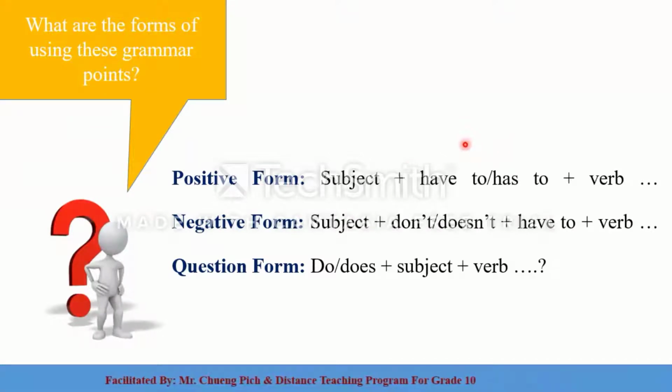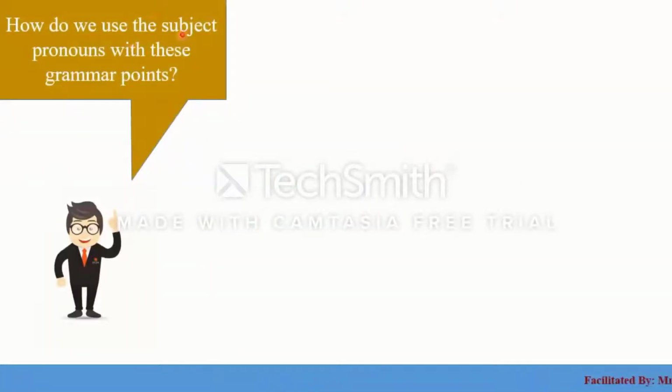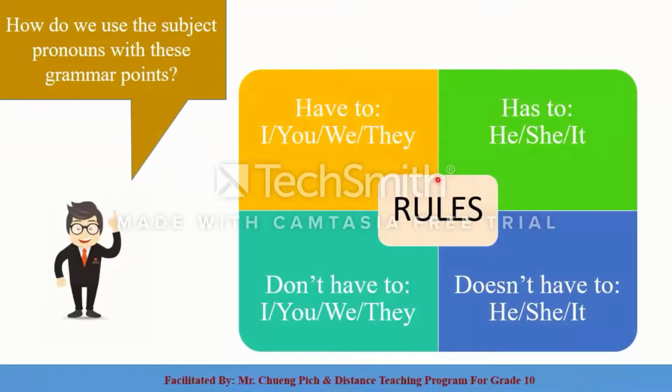So I will give you an example of each, don't worry. How do we use subject pronouns with this grammar point? Let's check the subject pronouns first. When we use have to, we use it with subject pronouns like I, you, we, and they. So we have four subject pronouns used with have to. And if you want to use has to, you can use three subject pronouns: he, she, and it.